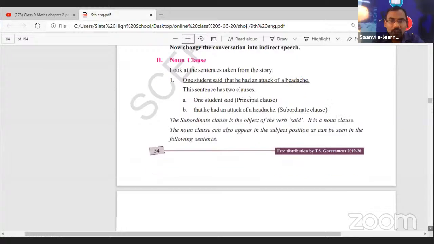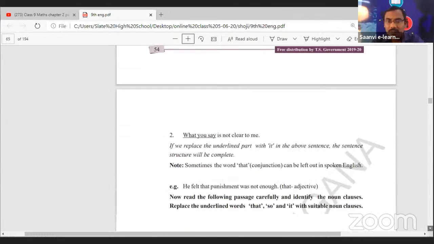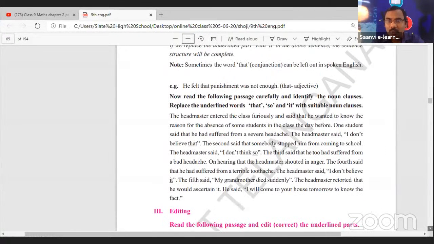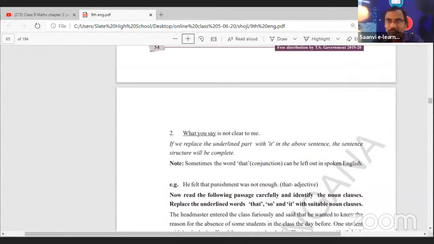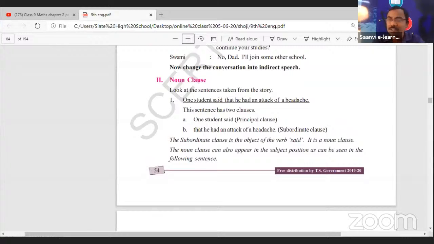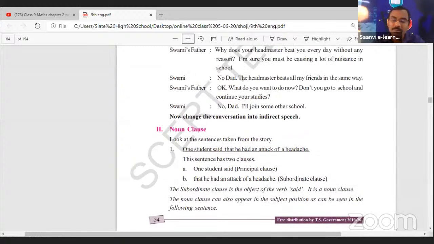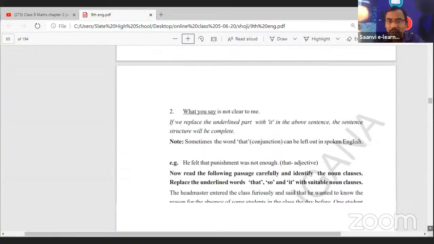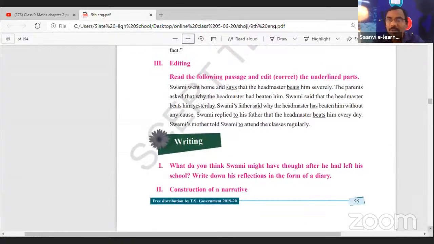Okay, and noun clause, this section also. So to explain this, it needs a lot of time. We cannot finish it in one session. So we will be taking these all parts at the end of your syllabus: direct speech, indirect speech, tenses, active voice, passive voice, degrees of comparison, clauses. That all will be taken later in our grammar session.